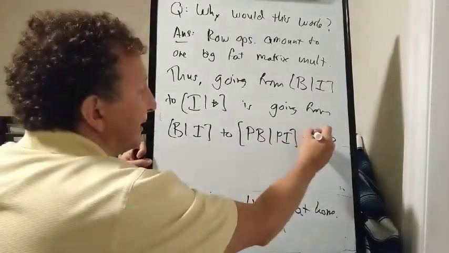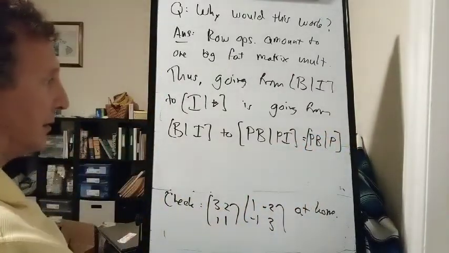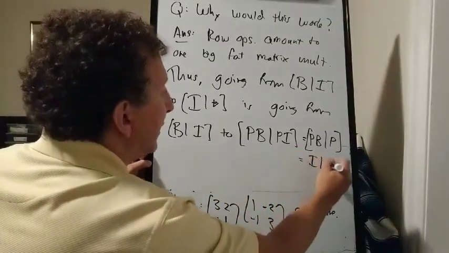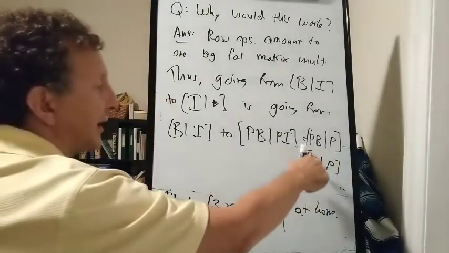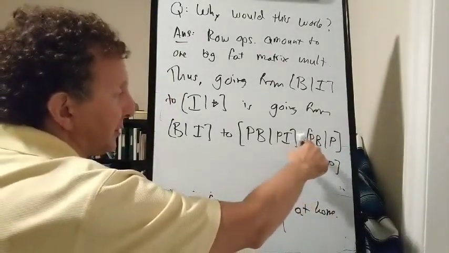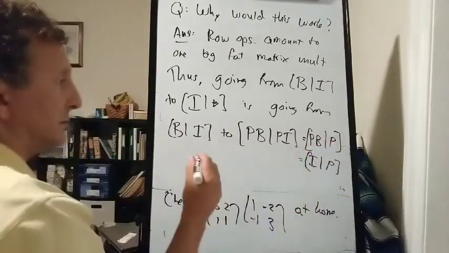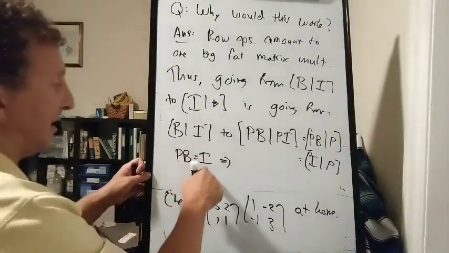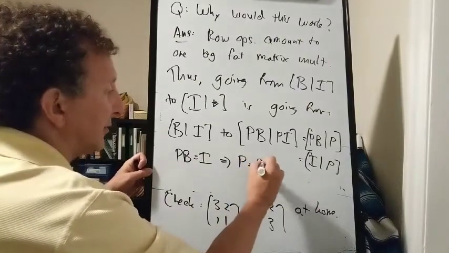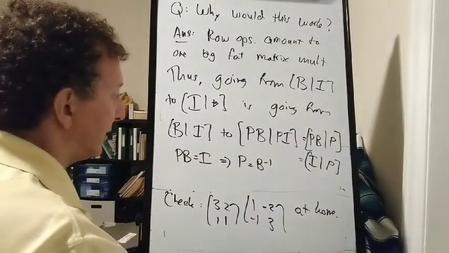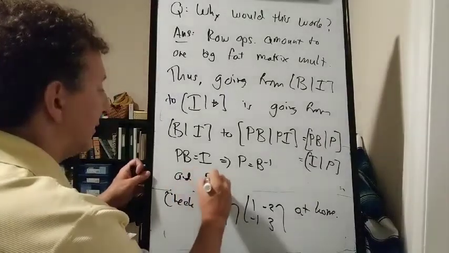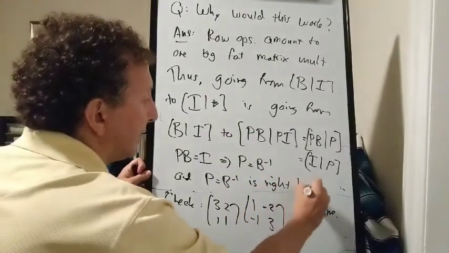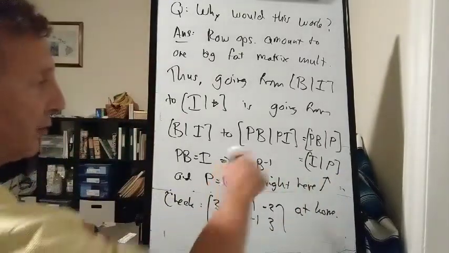Now, P times the identity is just P. If we do this until we get I something, that means that PB is I, and that something is P. If PB is I, then P is this matrix we're looking for, B inverse. And P equals B inverse is right here. It's whatever ends up on the right-hand side.